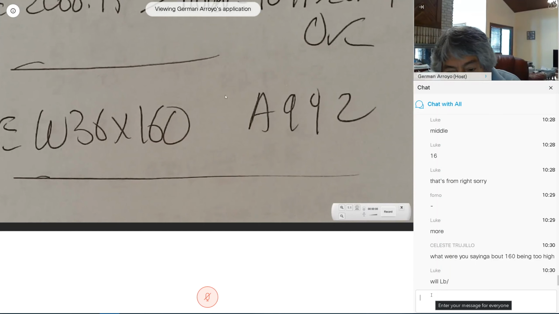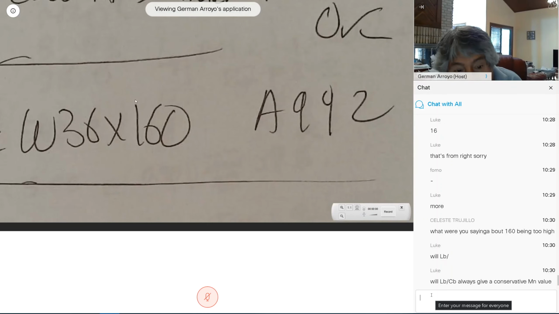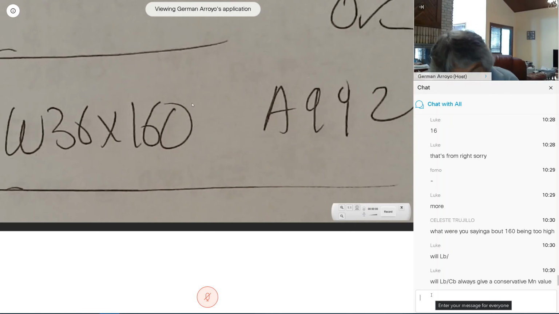The weight of most of you that I remember when I saw you now, because you are in quarantine, you're eating more probably. But it's 160 pounds per foot. That's why this is a very deep, 36 and 160. This is a heavy beam.